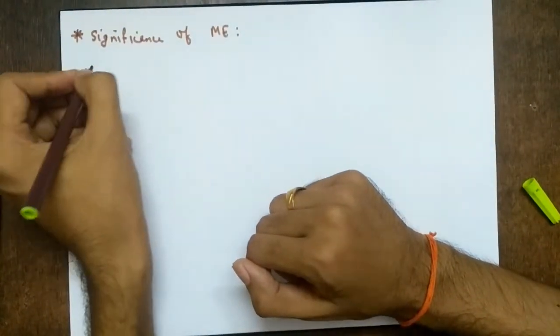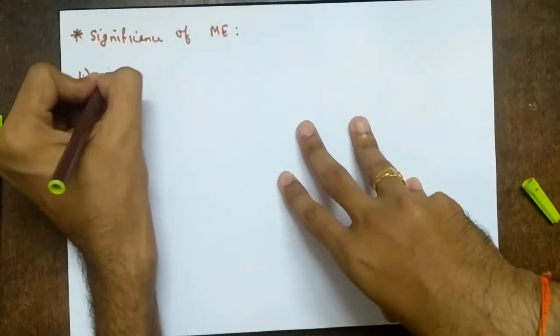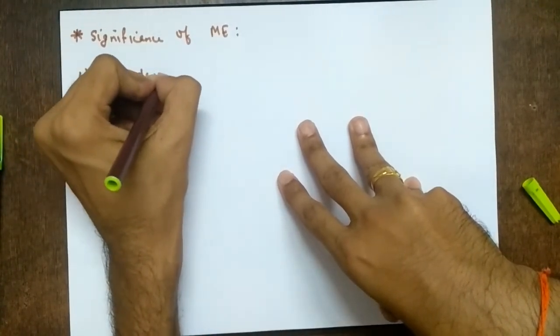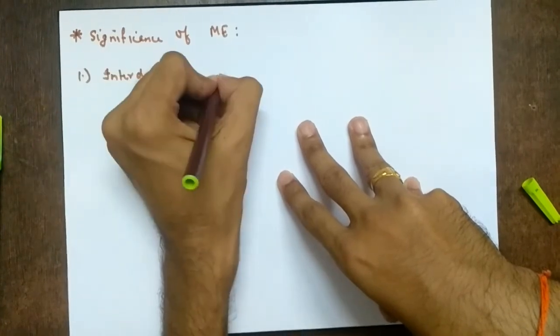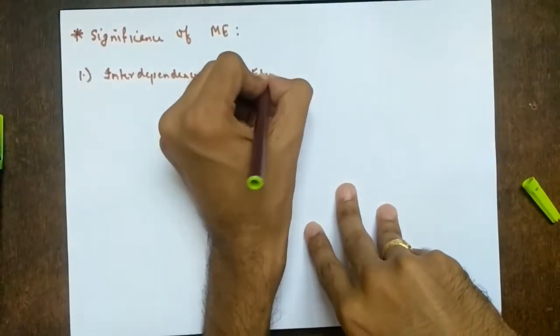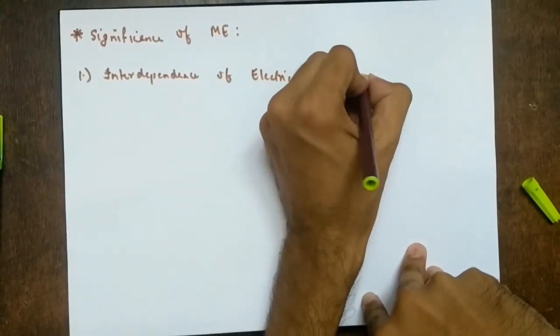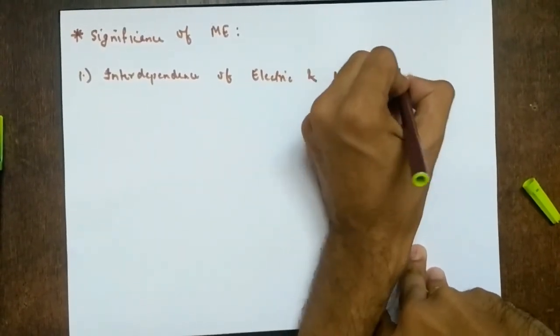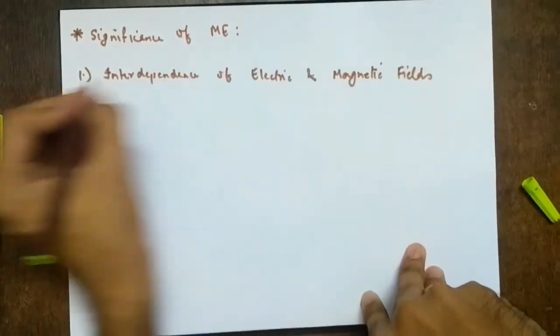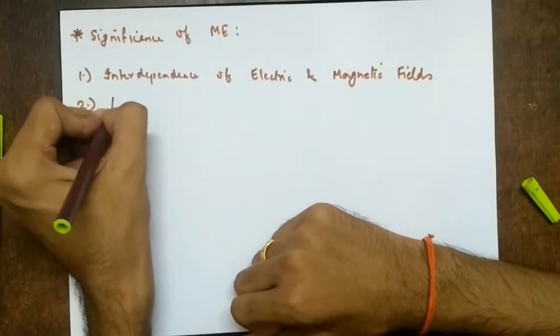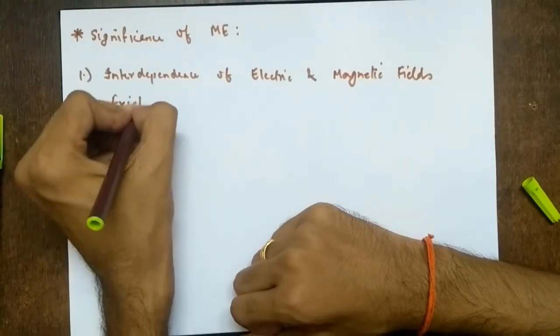So first thing is, what we have known, that electric fields and magnetic fields are always dependent on each other. So first takeaway is interdependence of electric and magnetic fields.